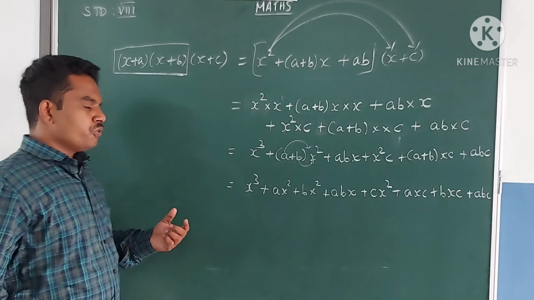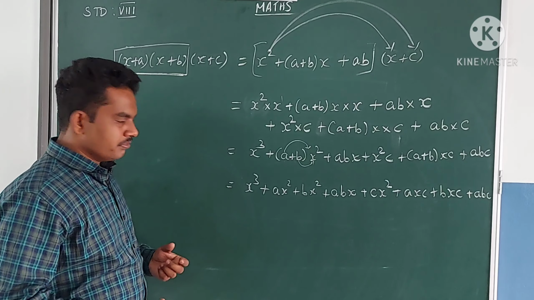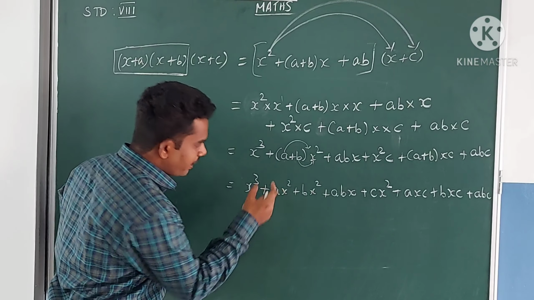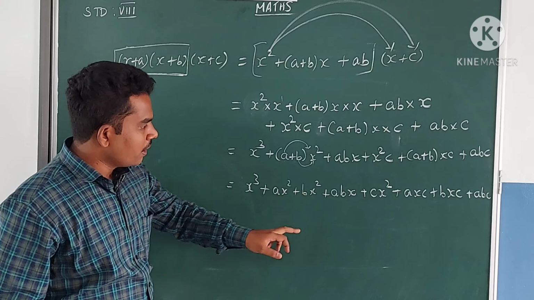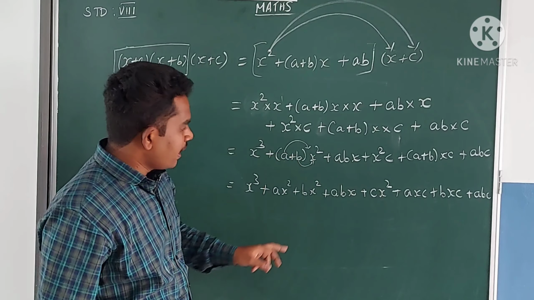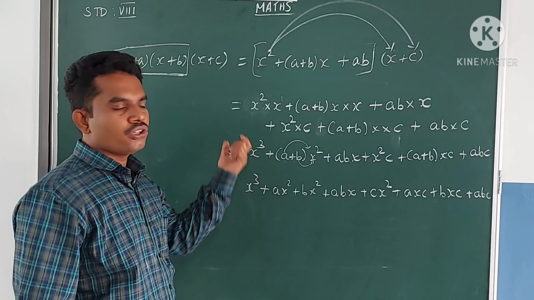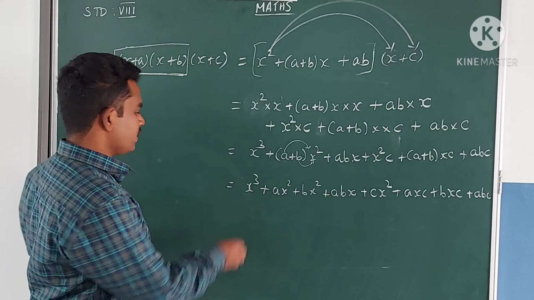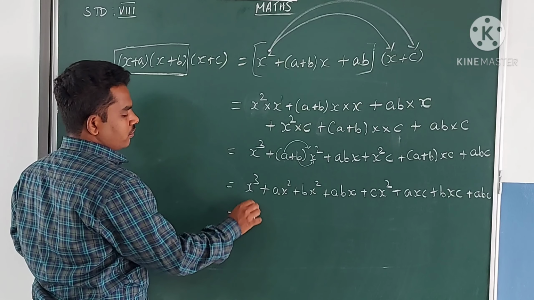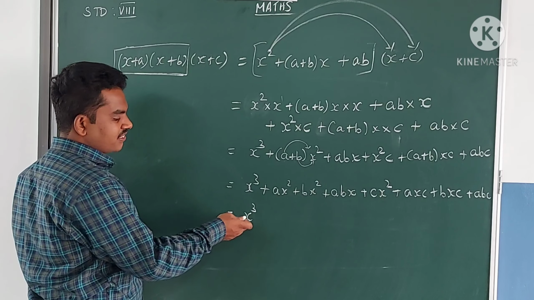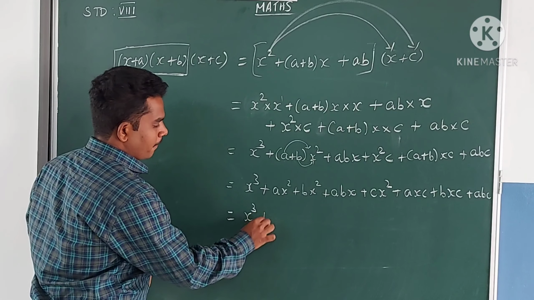Now we should combine the like terms. The x square terms are there, and x terms are there. First, x cube does not have any pair.